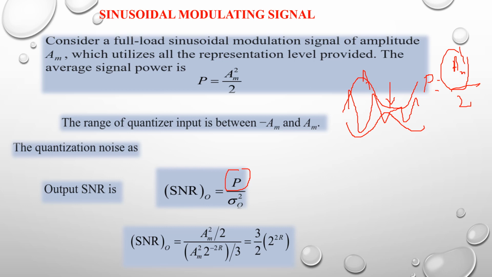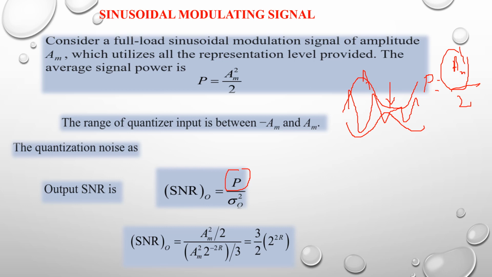In the last lecture video we derived this equation, so we know the P value and sigma Q square value. Now just replace P with A_m square divided by 2 and sigma Q square with A_m square into 2 to the power minus 2R divided by 3.